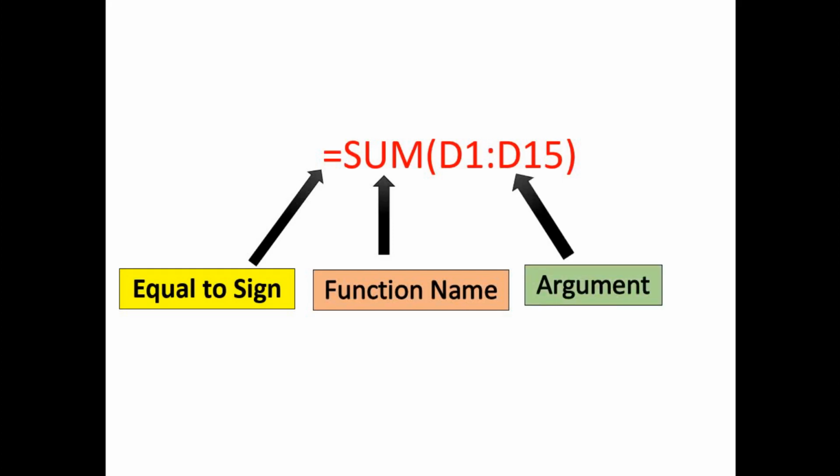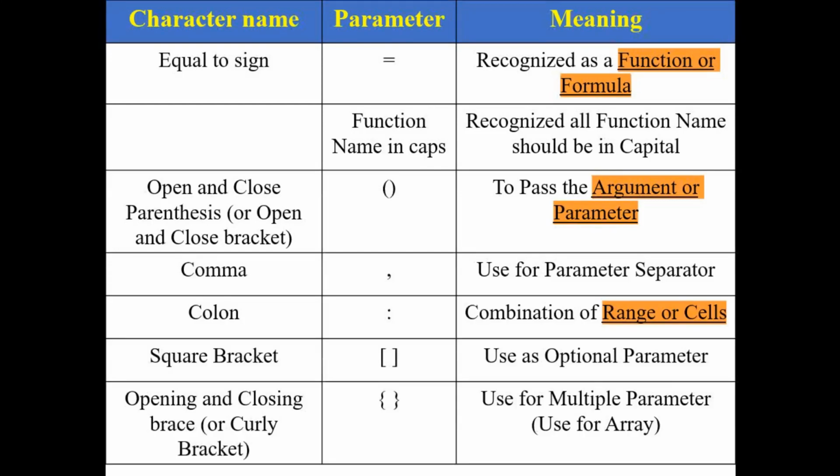Then the third thing that we enter in the bracket is called an argument. The argument is nothing but the task that has to be performed by that function, which we have to mention here.